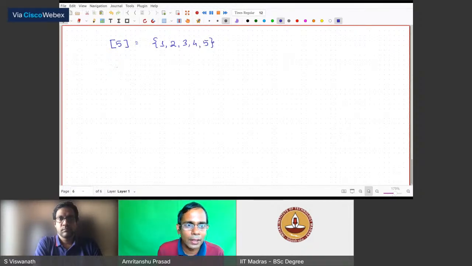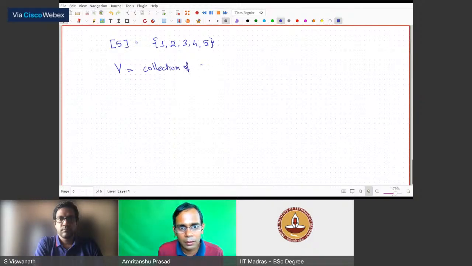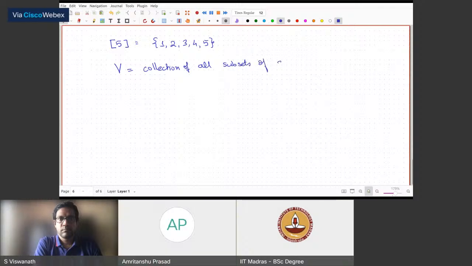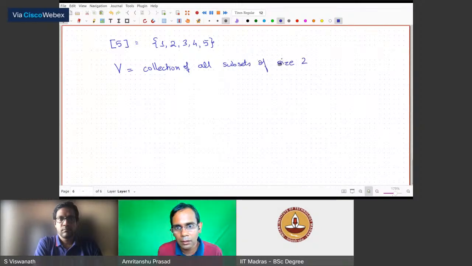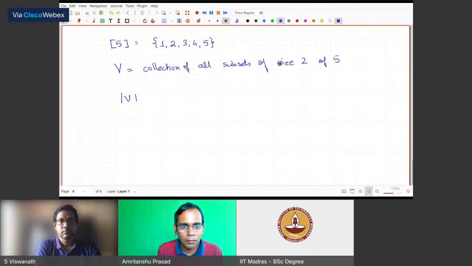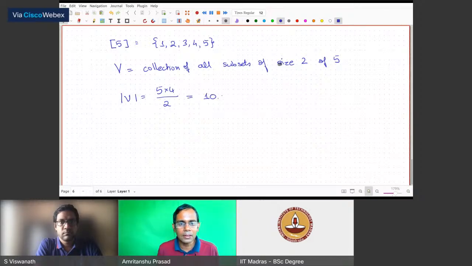Now let's take V to be the collection of all subsets of size 2 of {1,...,5}. How many subsets of size 2 are there? 5 times 4 divided by 2, which is 10. So that's the number of vertices in the Petersen graph.